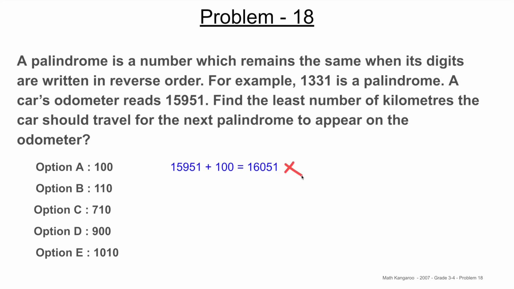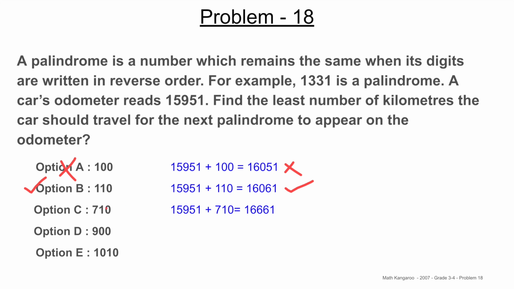It's not a palindrome number. So we eliminate option A. Option B, 110. We add 110 and 15951. We get 16061. Yes, it's a palindrome number. But this is the closest. Let's find other options too.